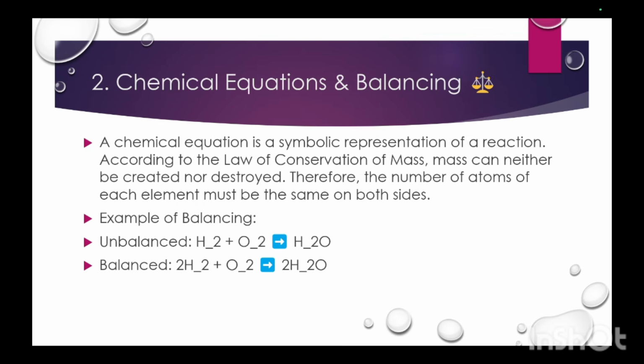Then comes the question: why do we need to balance the chemical reaction? As you know, as per the conservation of mass, mass can neither be created nor destroyed. Everywhere you find that if we try to destroy any mass, it converts into a different form, and a lot of energy is produced. In a chemical reaction, the same thing happens.